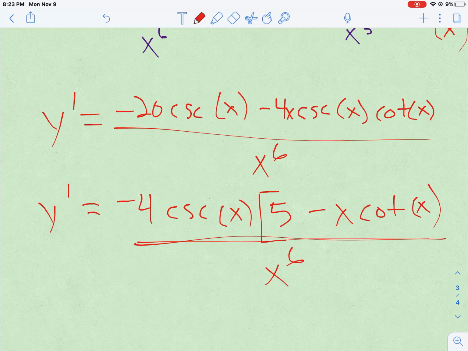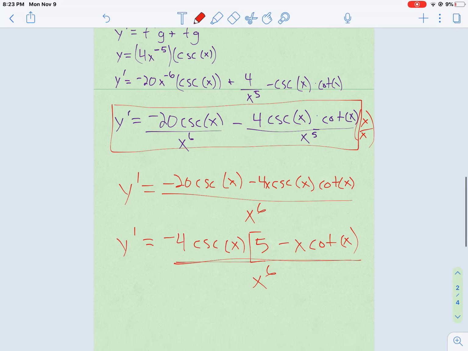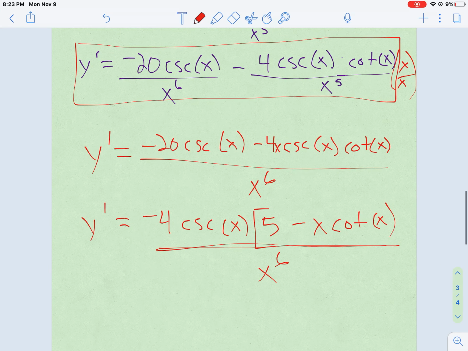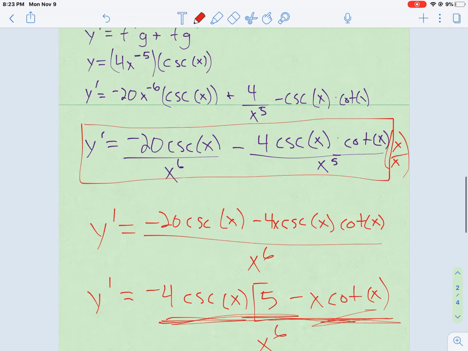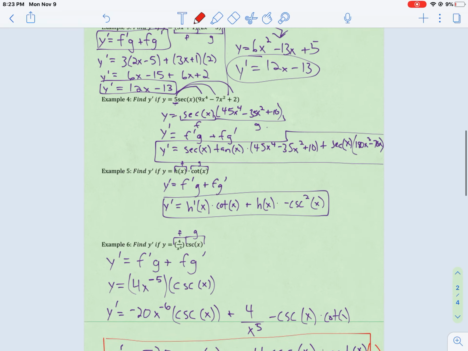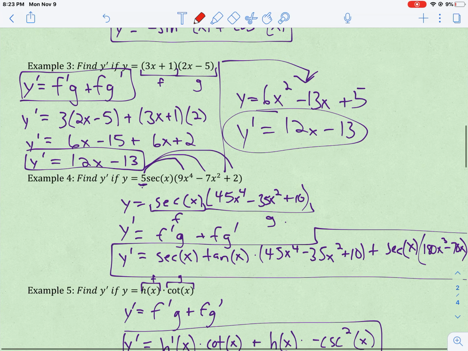So I'm not saying you have to go there, right? You could stop here. Okay? But just saying that, you know, there's always more you could do, generally speaking, right? You could make the fractions have the same denominator, right? You could factor out, as in this problem, you could factor out a secant of x, right?